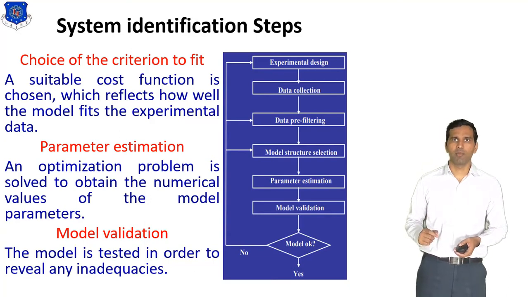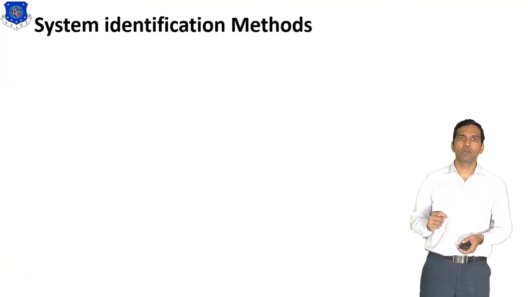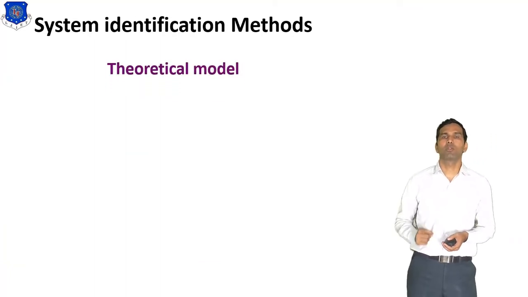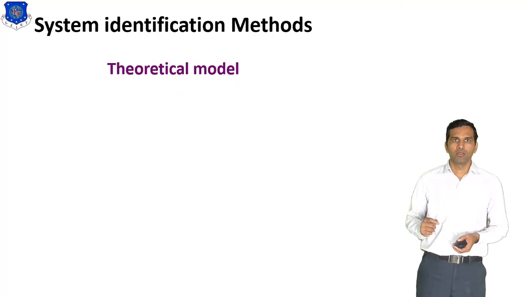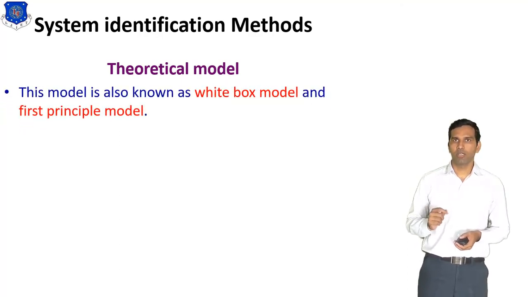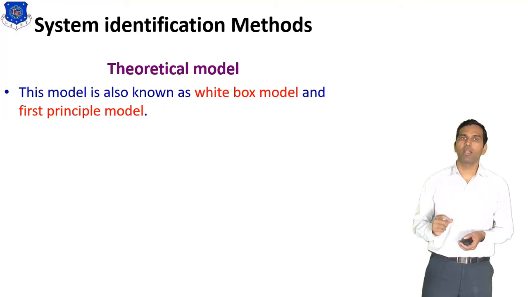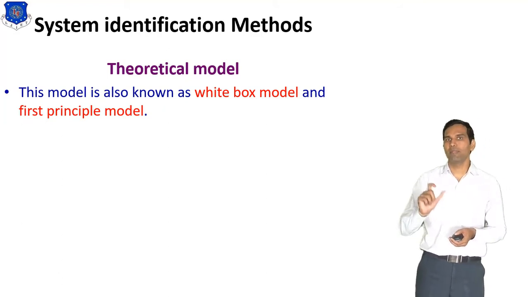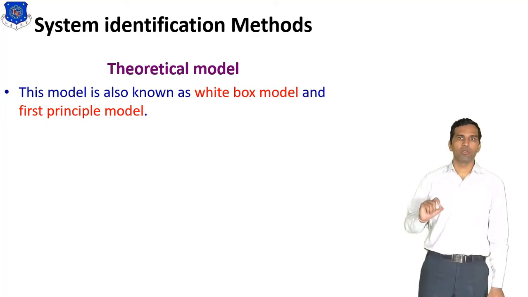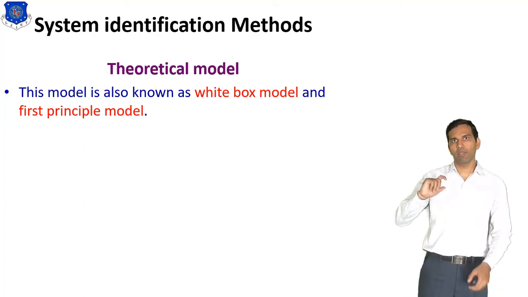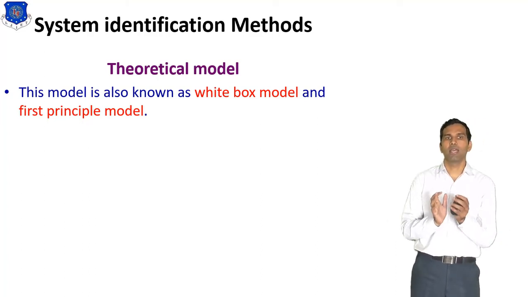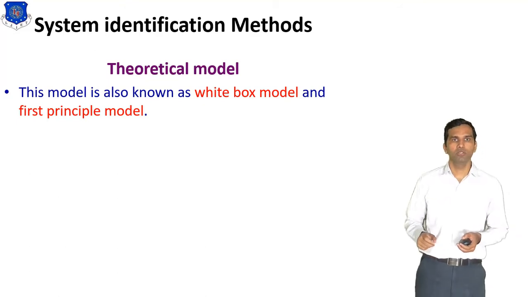Now we discuss the system identification methods. The first method is the theoretical method. This model is the theoretical model, also known as the white box model or first principle model.